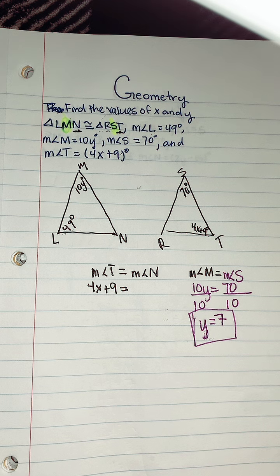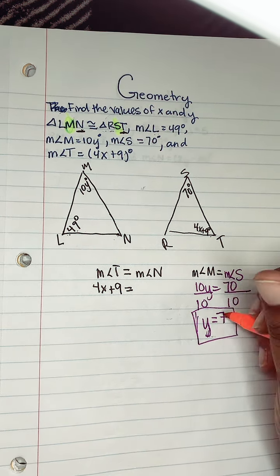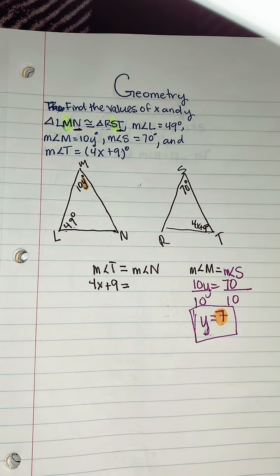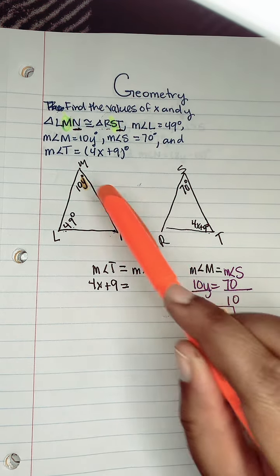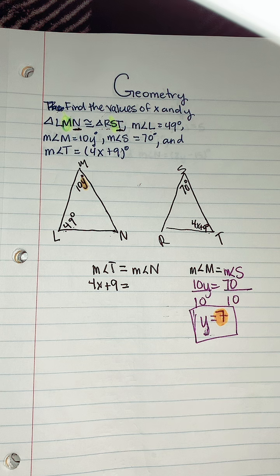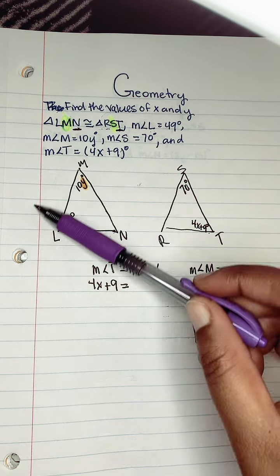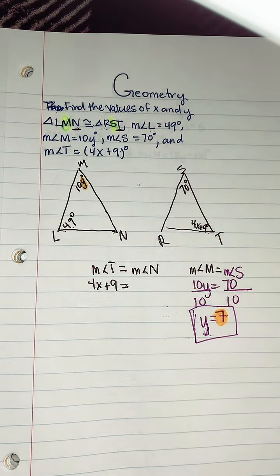It kind of does, though. Let me explain why it does help us. Because if we can plug in this 7 for here, we can find out this angle. Do all triangles add up to 180?